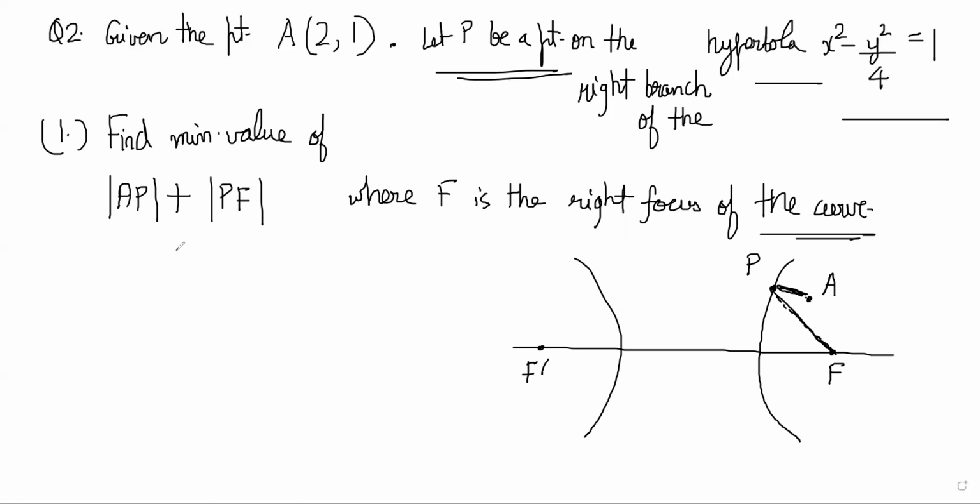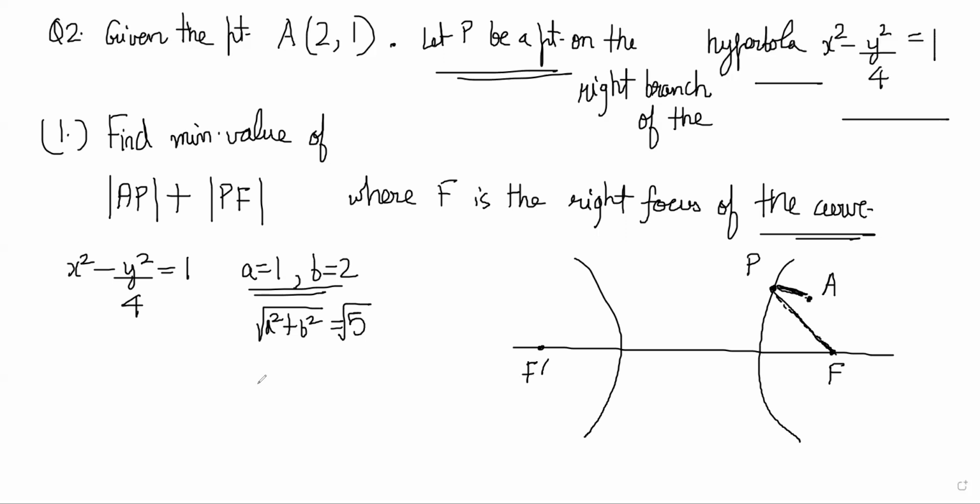Now let's see what information we can gather from the equation of the curve. X square by 1 minus y square by 4 is equal to 1. So we can see a is 1, b is 2, and the value of root over a square plus b square is root 5, and eccentricity will be root 5 by a.